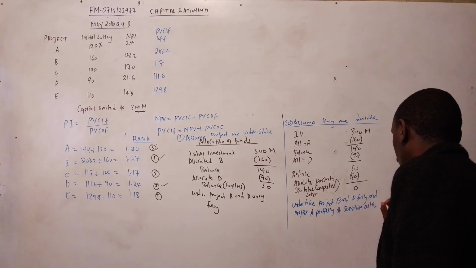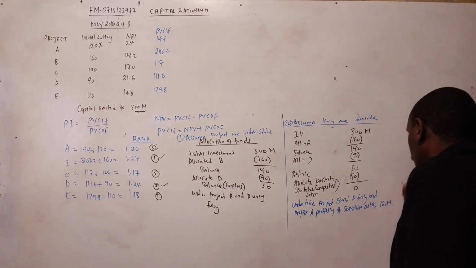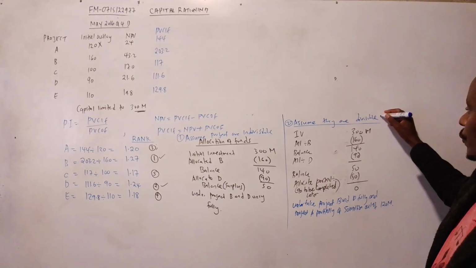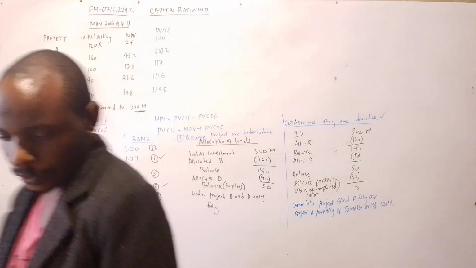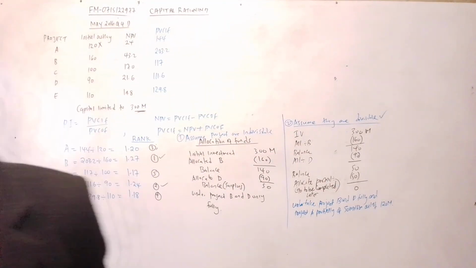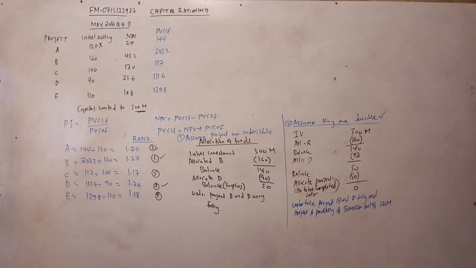So that is for the case of divisible. When it is divisible, you can do it partially if you don't have enough money.